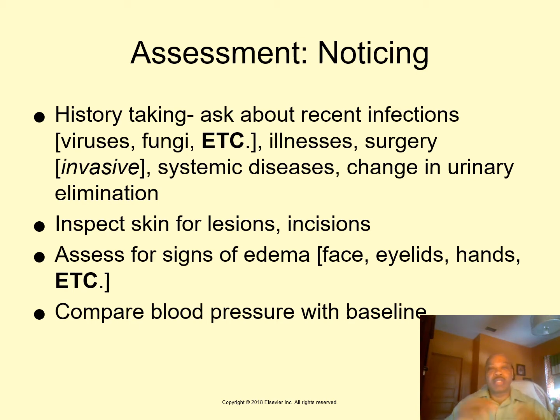Remember, when fluid is retained, when you have a lot of volume within the vascular system, the blood pressure is usually increased. And of course, when your vascular system is low, then your blood pressure tends to be low. So you want to remember that, not only for this, but for other disease processes.